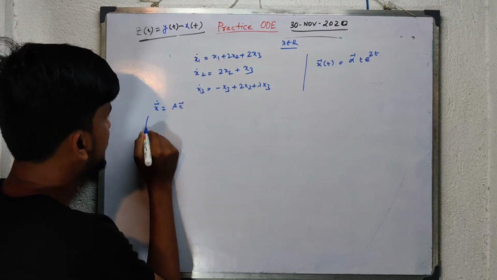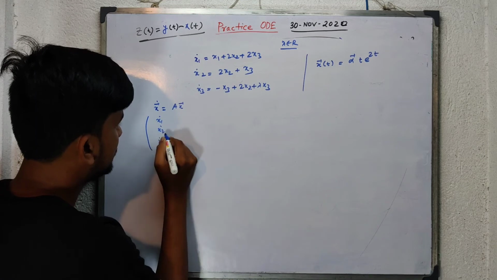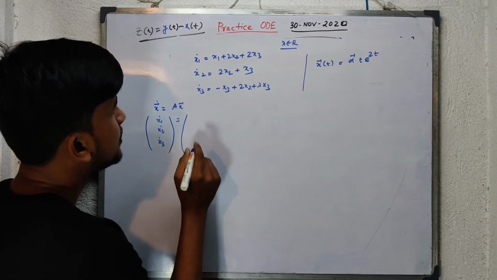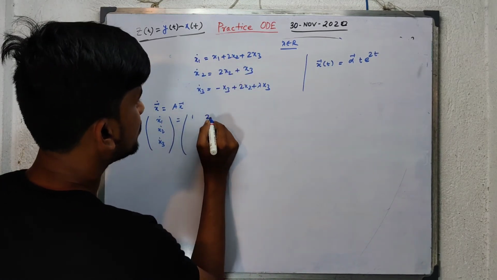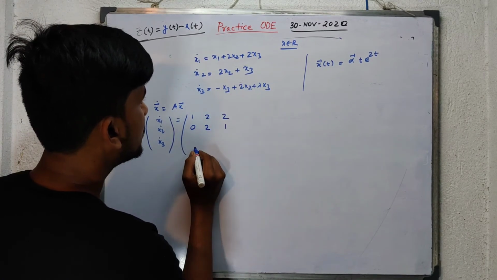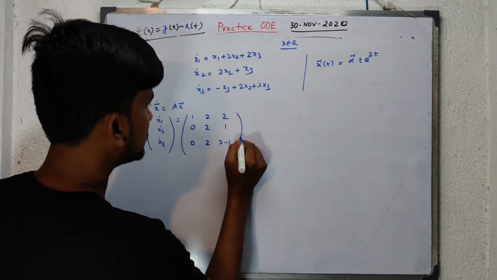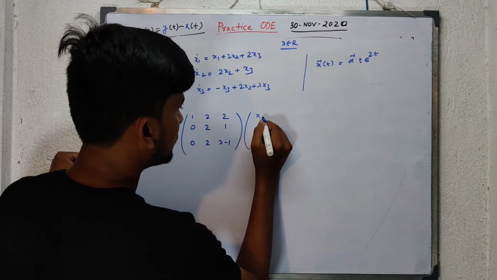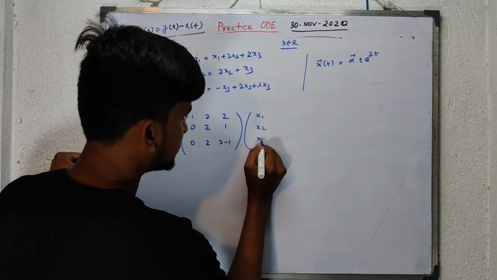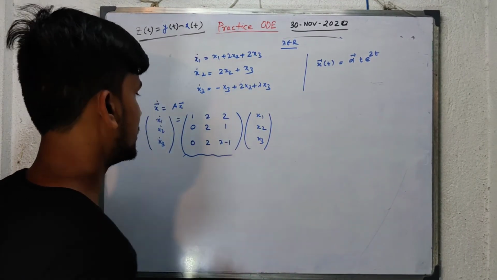That means x1 dot, x2 dot, x3 dot is equal to a matrix 1 2 2, 0 2 1 and 0 2 lambda minus 1, times x1 x2 x3. So the coefficient matrix is this one.